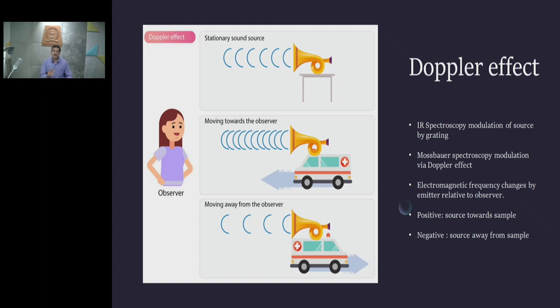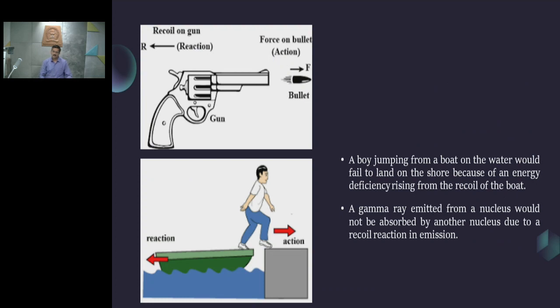So there are two possibilities, one positive and another negative. From that, this Doppler effect gives us the idea that there is a proper resonance of the source and absorber by modulation. Therefore the Doppler effect plays a major role for this spectroscopic tool.